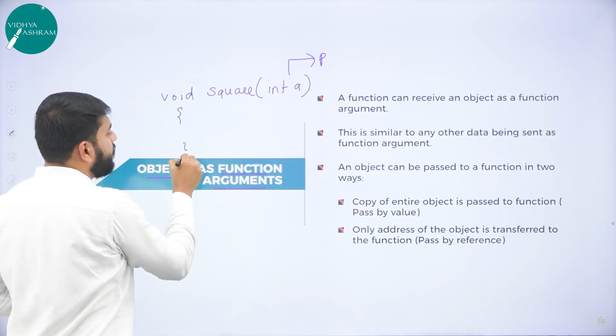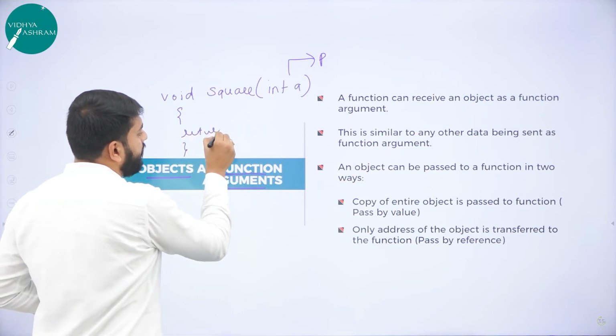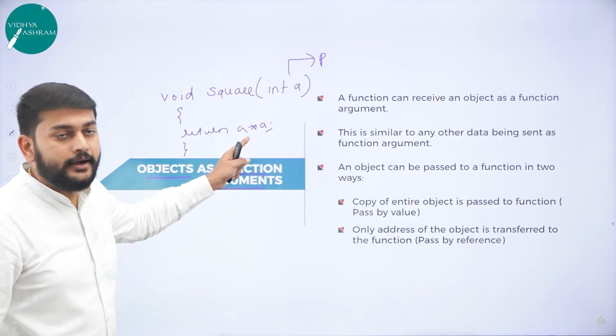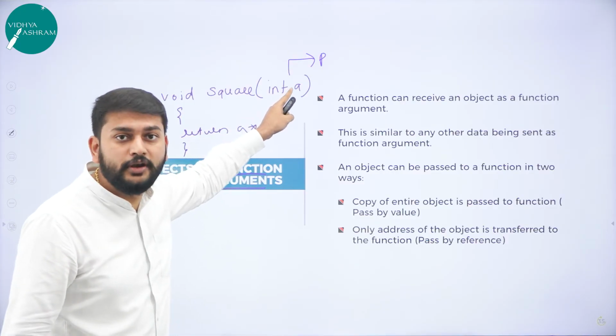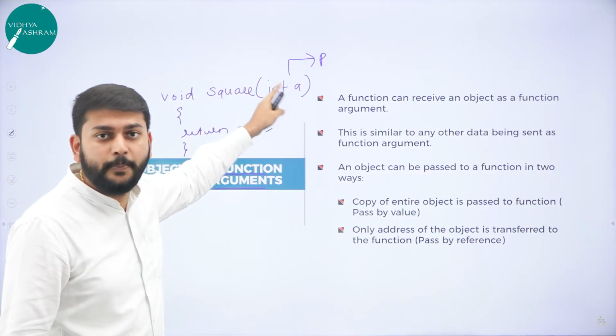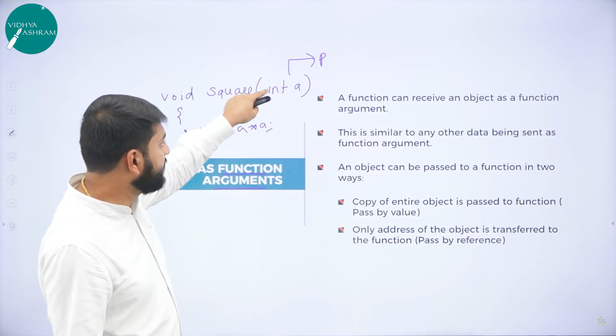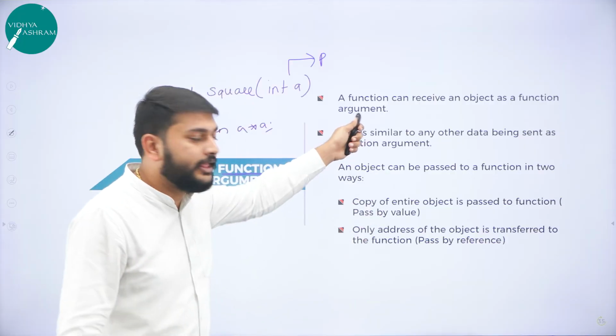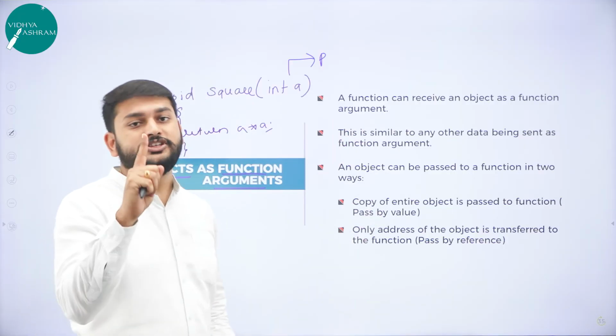So here I will just write a simple return statement. So guys, this is what I will call arguments or parameters. Can I send in this place? Can I send the object? Yes, you can send, is what they are trying to explain in the first point.